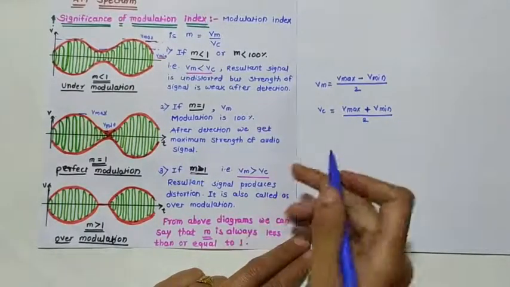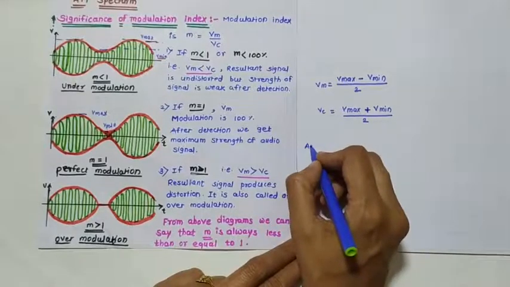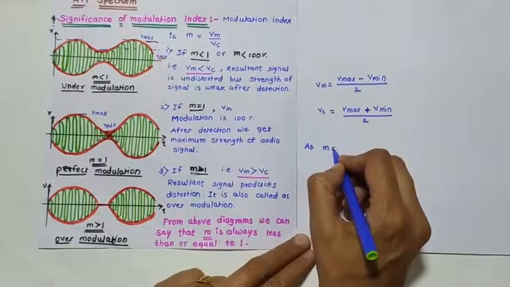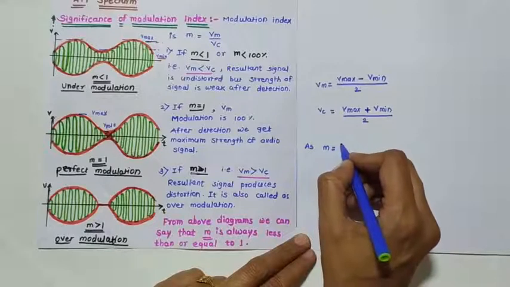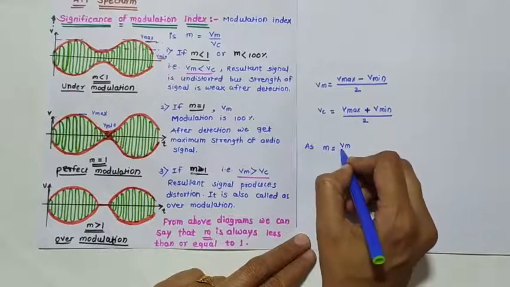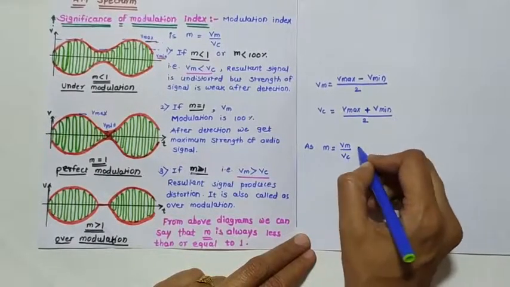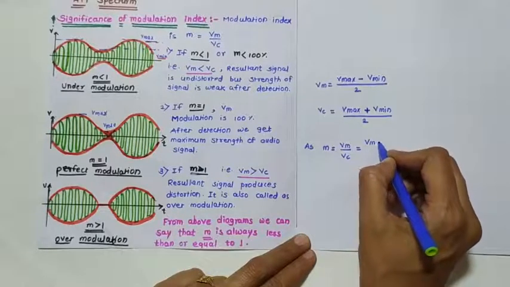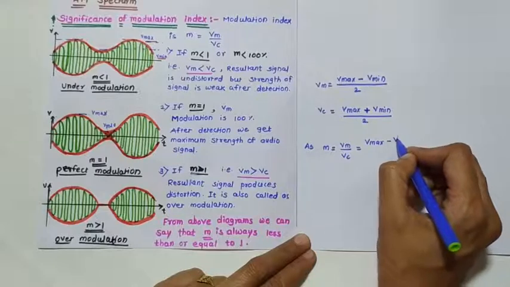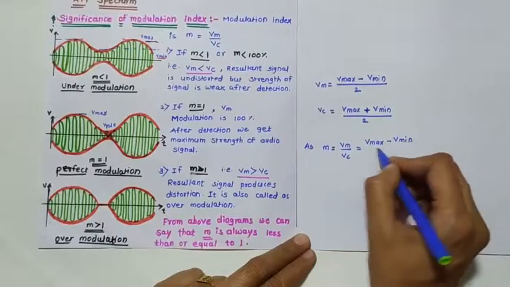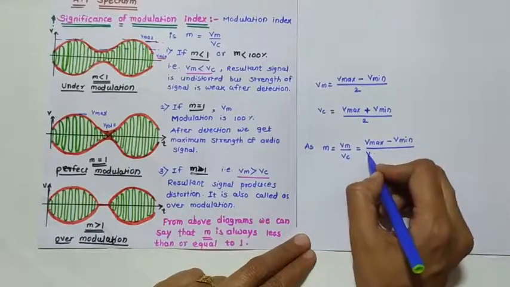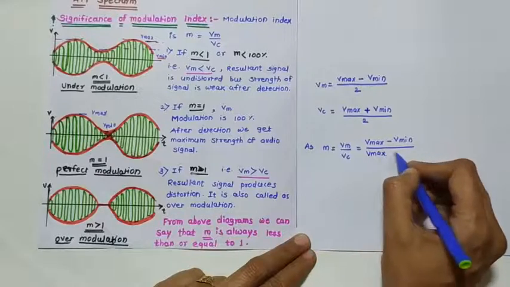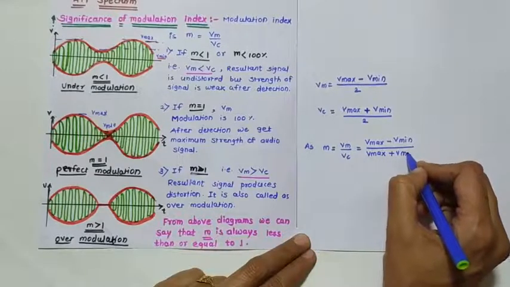And by using the modulation index m is equal to Vm upon Vc, we can write this equation. Vm upon Vc is equal to (Vmax minus Vmin) upon (Vmax plus Vmin).